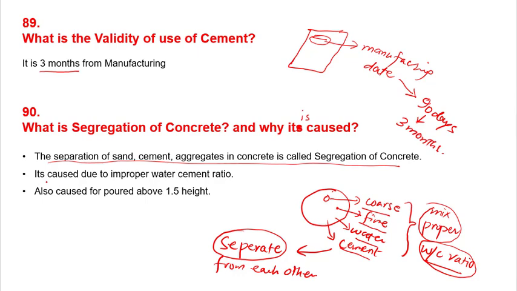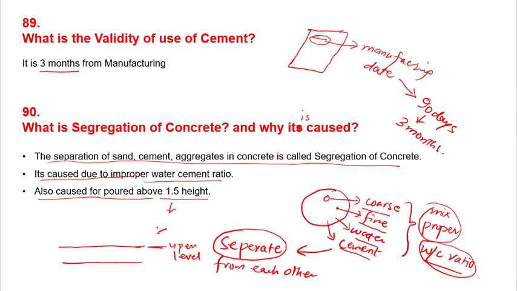Got it? What are the reasons? It is caused by an improper water cement ratio, and also by pouring concrete from above 1.5 meter height. Let's take an example. If you are pouring a plinth beam, this is the upper level, and we are pouring concrete from here.